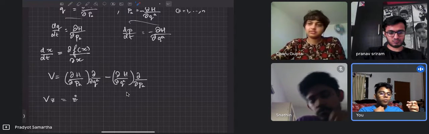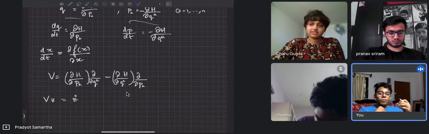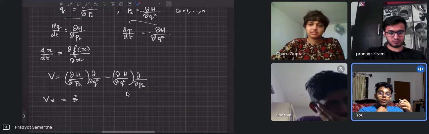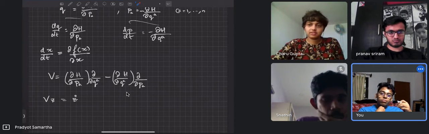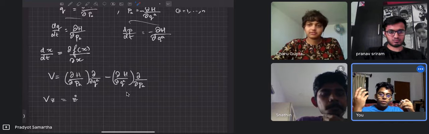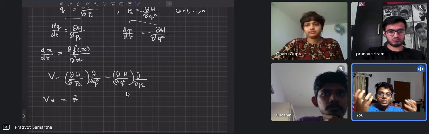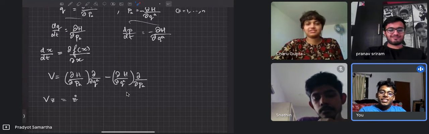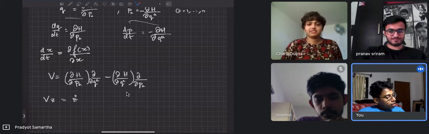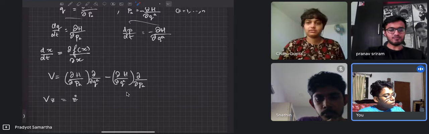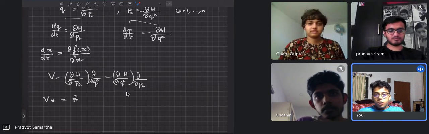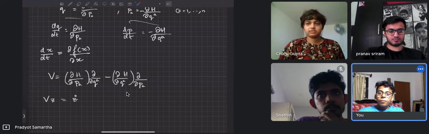It's something you seriously need to think about, because it's really worth getting restless about this: how do you go from position space to momentum space?